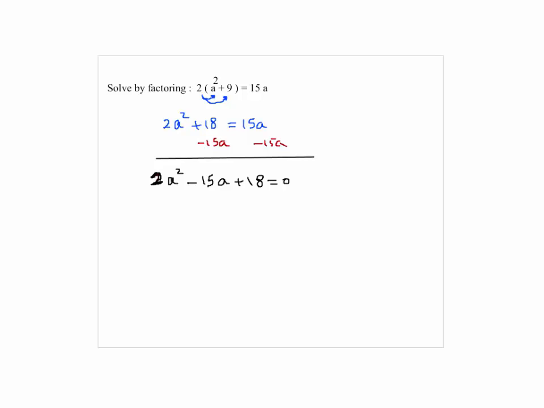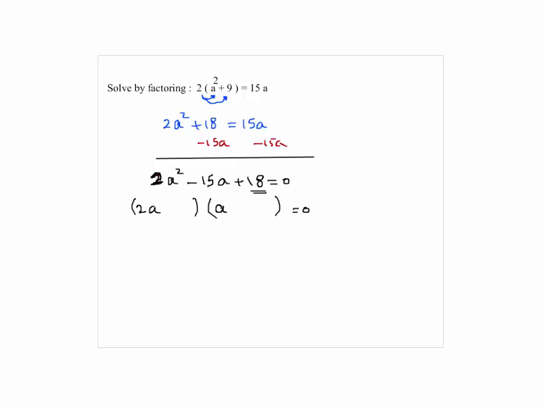Factor them. Mm-hmm. How do you factor this? I think the first one should be 2a, and then the second parenthesis should be a. But for the second one, I'm not quite sure.